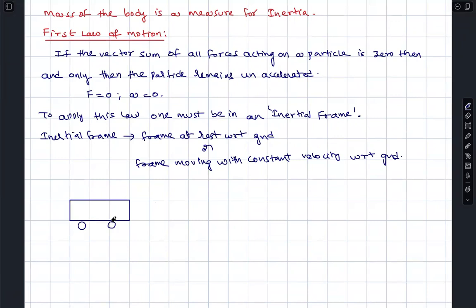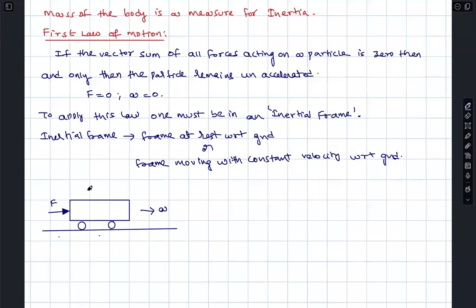This is having wheels and it's on a floor. Remember, you have applied a force F on this. As a result, it has an acceleration.